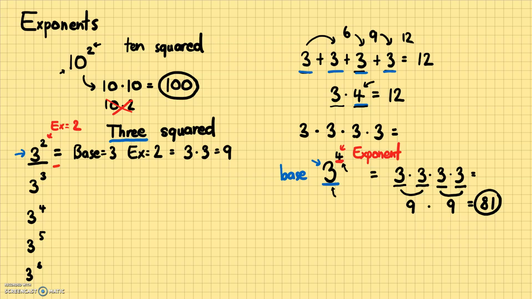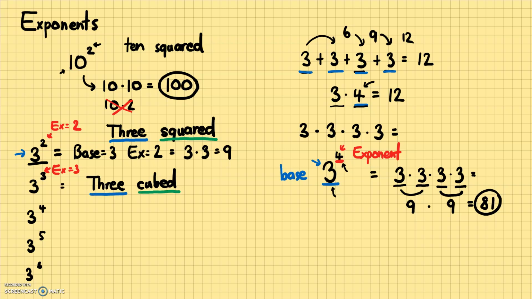When the exponent is 3, like in this case, you actually read that as, you say the base first, 3, and then cubed. So the case when the exponent is 2 and when the exponent is 3, they have special ways of being read.